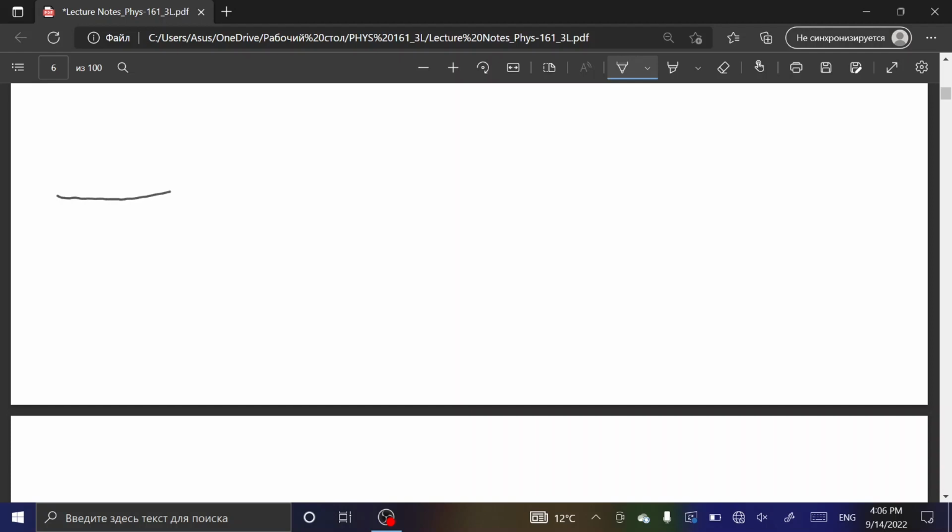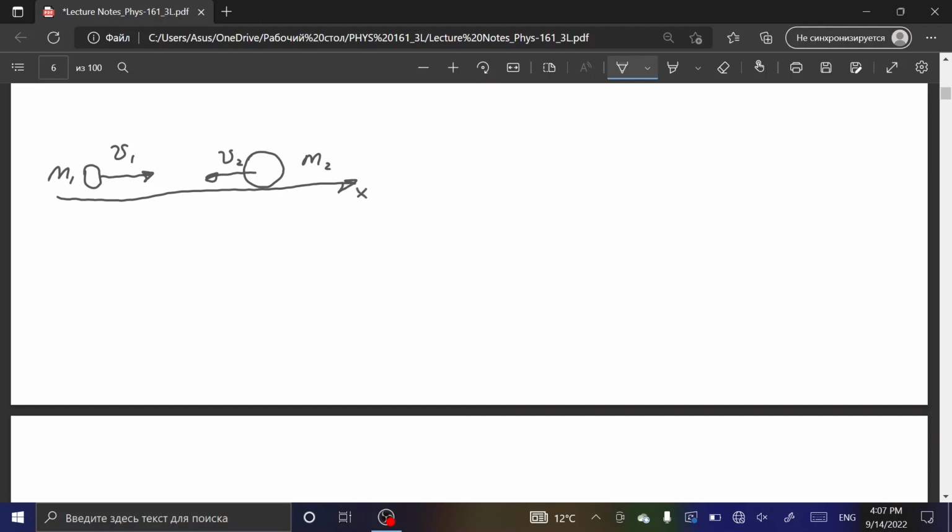We have some axis x. We have two objects with mass m1 and mass m2. So there is v1, here is v2. We don't show vectors for velocity here because it's a one-dimensional case. So the orientation of the velocity will be defined by its sign, either positive or negative.